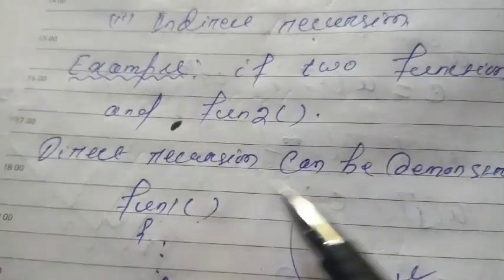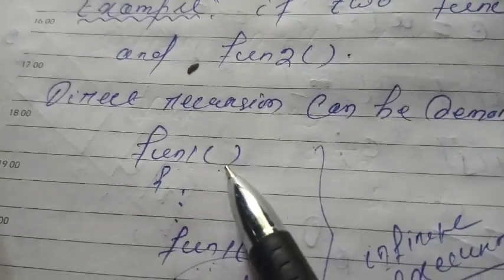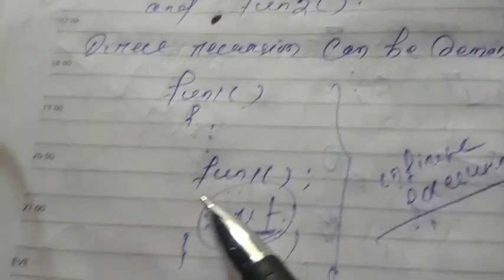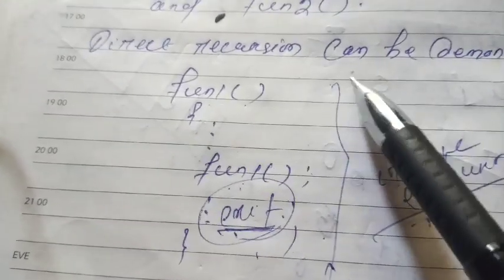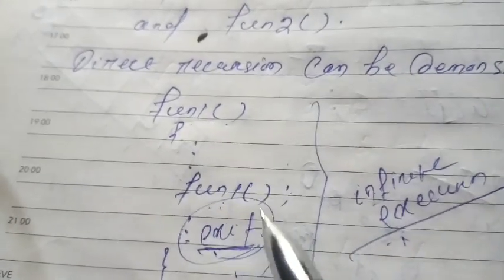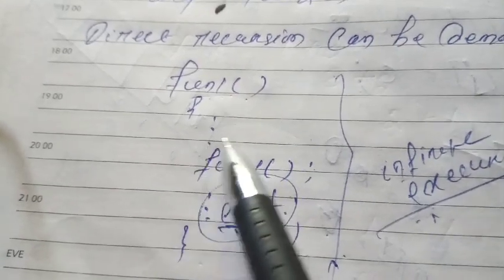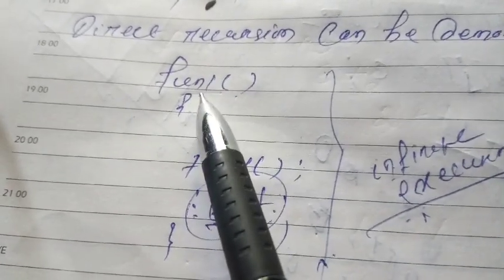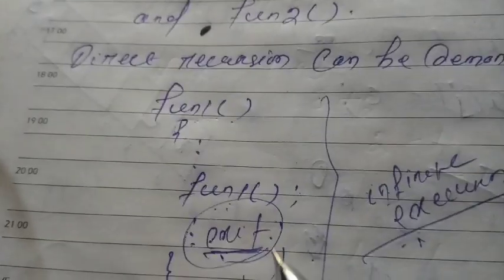Suppose this is function 1, and this is the body of function 1. Inside this body we are calling function 1 again. So we are calling the same function inside this function, and that is known as direct recursion.